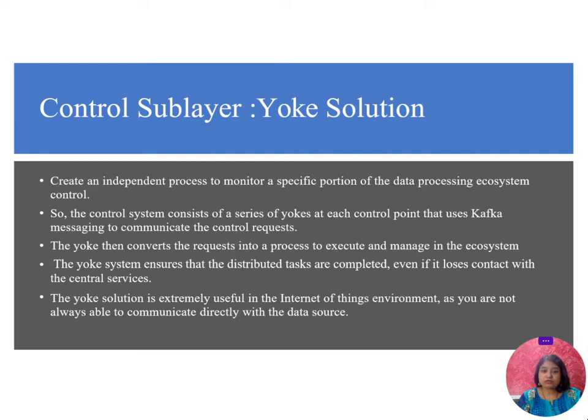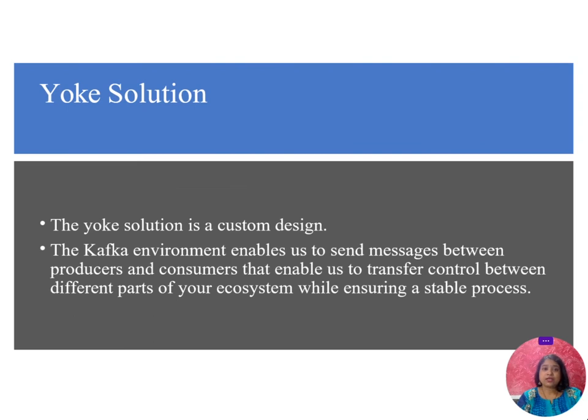It ensures that the distributed tasks are completed even if it loses contact with the central service, and it is extremely useful in the IoT environment as we are not able to communicate directly with the data source. So basically the yoke solution is for distributed systems, so that even if the distributed system loses communication with the server, still it should be able to complete its assigned task.